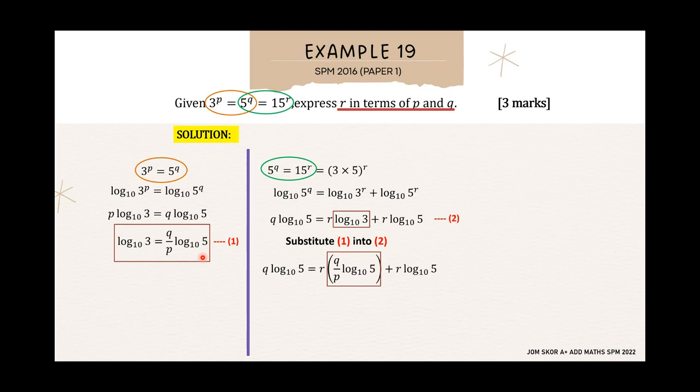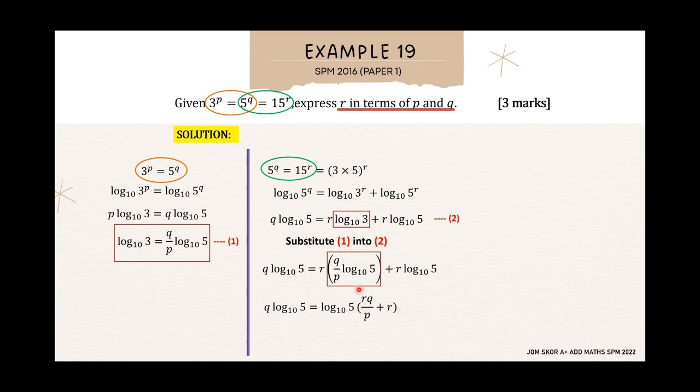Okay. Right. Next. Perlu buat apa? Simplify sahaja. On the left hand side, tidak ada masalah. q log 5 base 10. Dan di sini, kita akan simplify. Kita akan dapat log 5 base 10 bracket rq over p plus r. Kenapa?